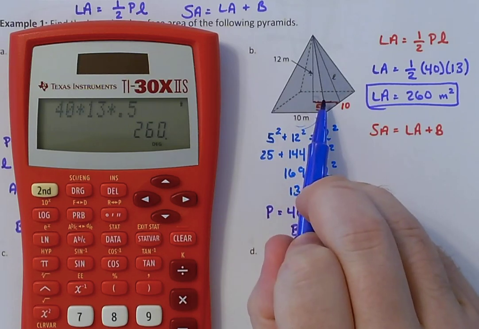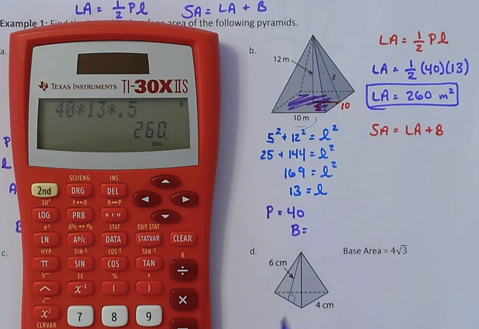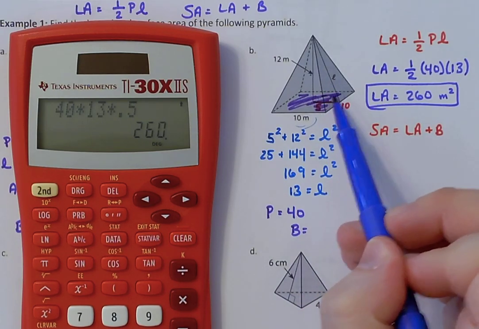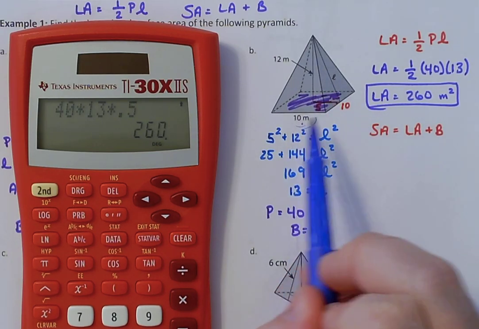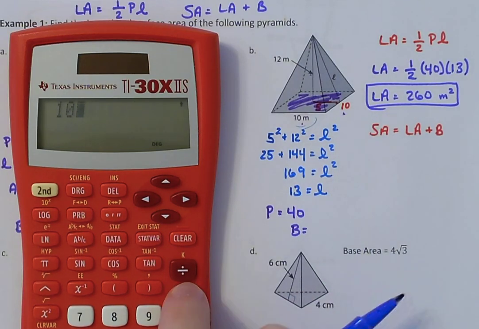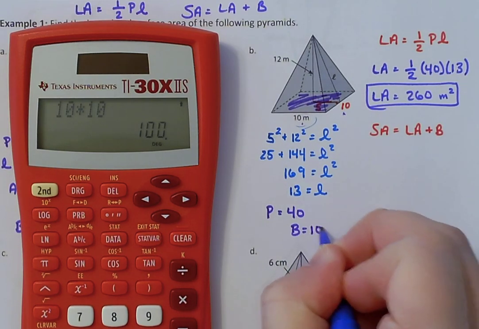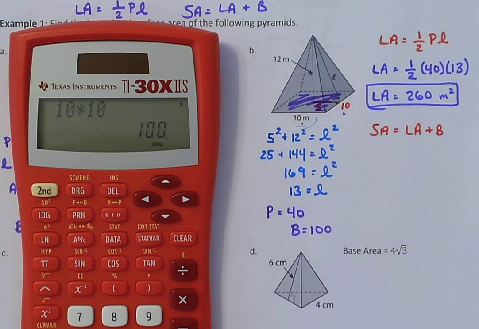Again, we have a rectangular base, so we need to figure out the area of this rectangle for this pyramid. Because our length is 10 and our width is 10, 10 times 10 gives us 100. So that is the area of the base.